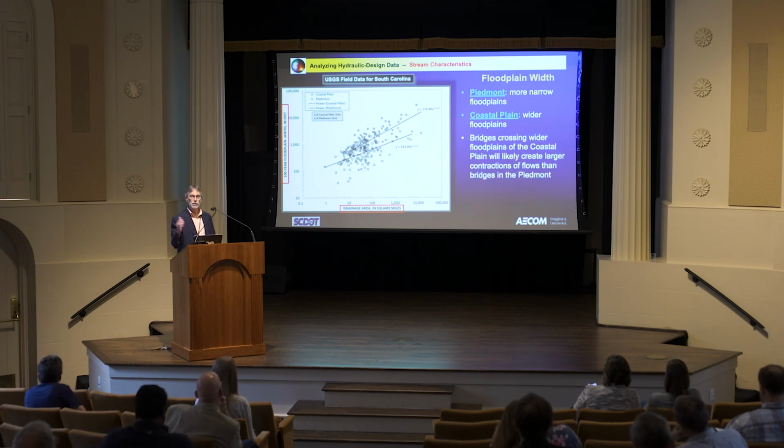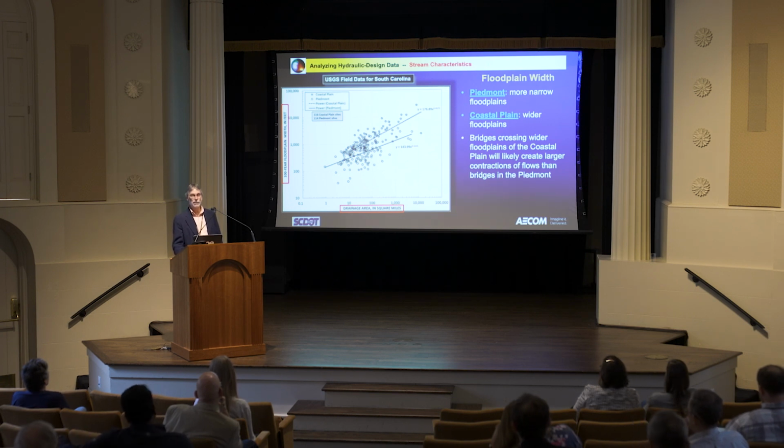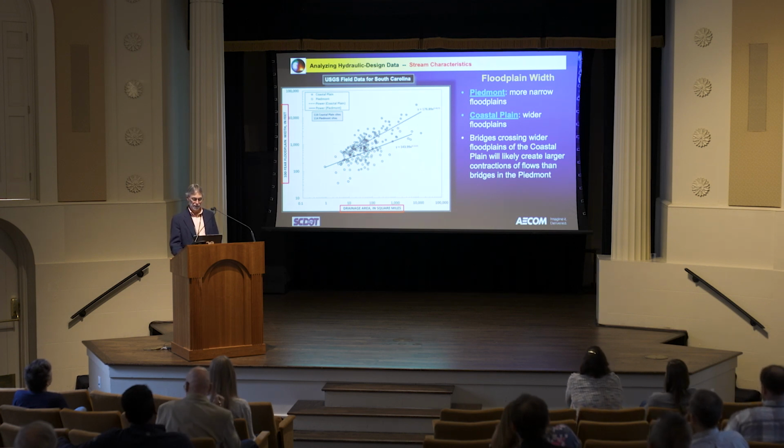And this gives you some perspective of what that range is, and if you're working with a site that has 1,000 square miles drainage area, you can go to these graphs and get a ballpark of whether your site is fitting within that previous set of design bridges.